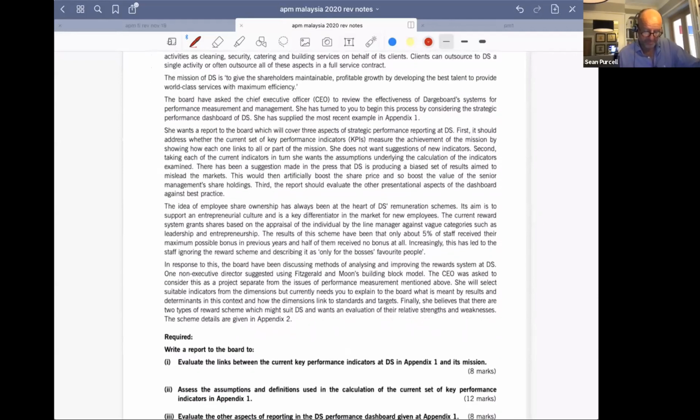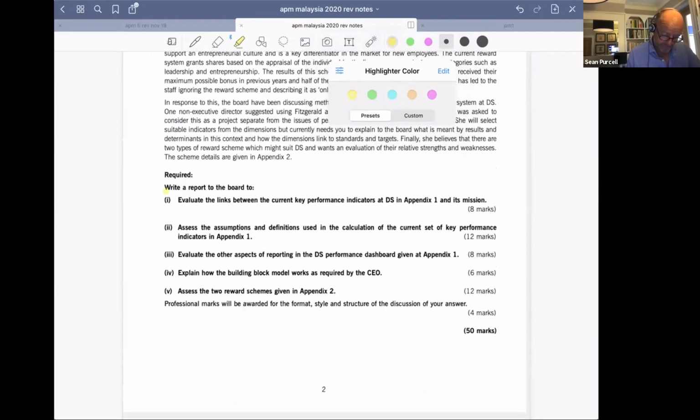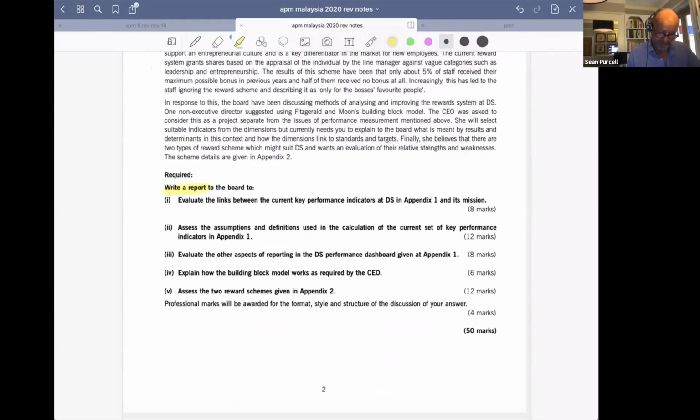The first thing I see is that I have to write a report, and we're asked to evaluate. So when we're asked to evaluate, positive, negative, and we're looking at the current performance indicators and its mission. So we need to work out what its mission is.